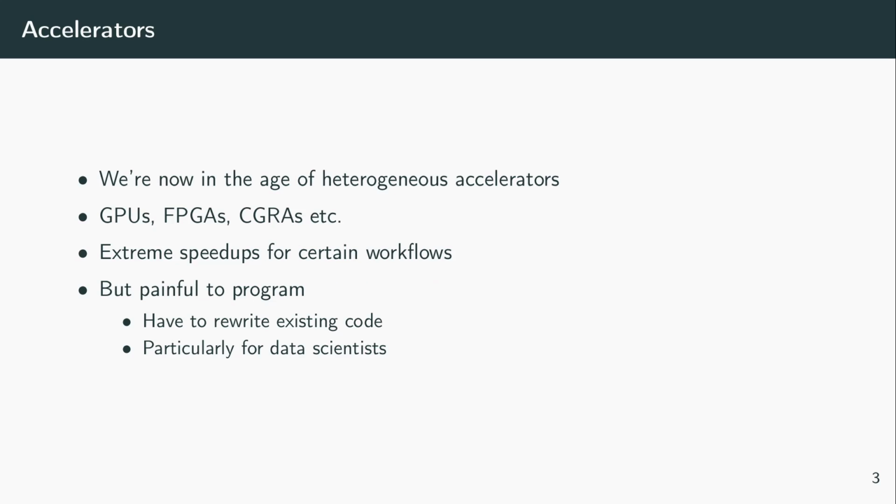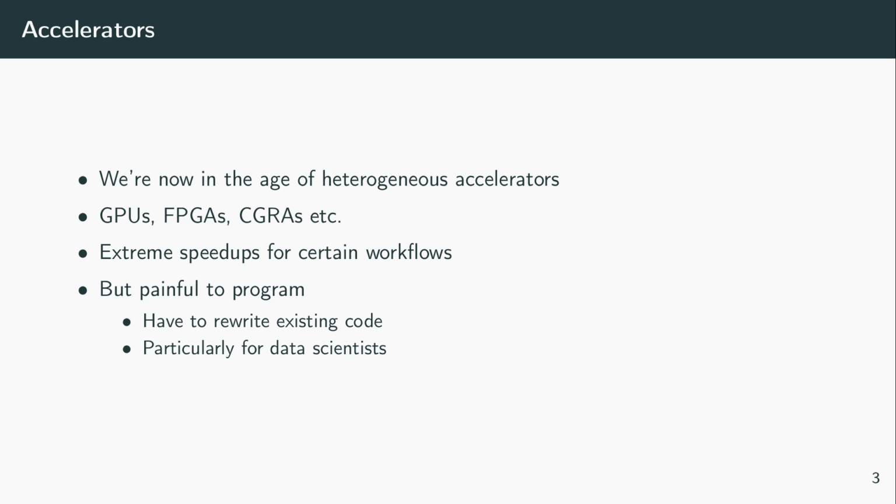We're also now in the age of heterogeneous accelerators. By heterogeneous accelerators, I mean GPUs, FPGAs, coarse-grained reconfigurable accelerators, and ASICs, and so on. Now, hardware like this can give extremely good speedups for certain types of programs.